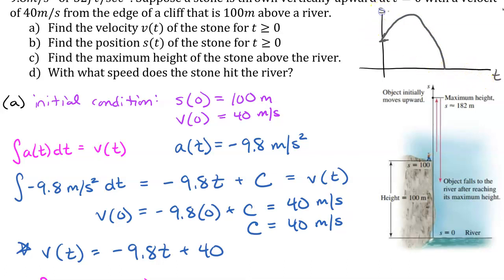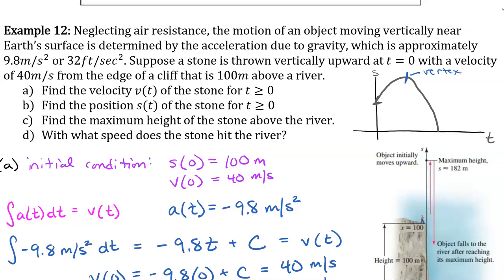So we want to know the vertex. You've got a lot of different ways in which you can find the vertex. They don't specify, so pick one. If you do it correctly, you should get 4.1 and 182, meaning at 4.1 seconds, the height is 182 meters.